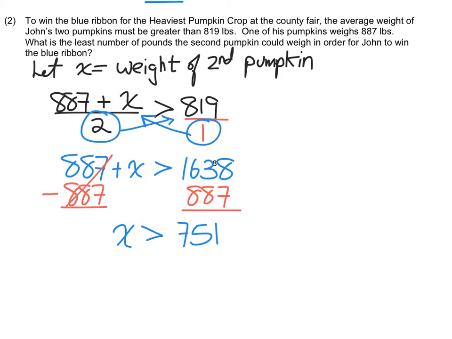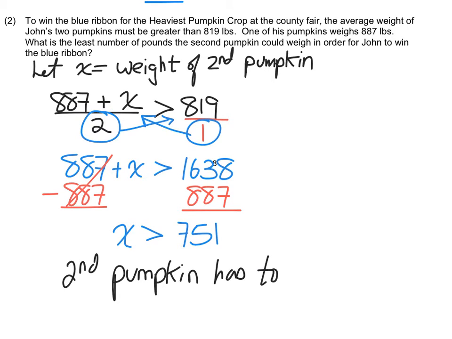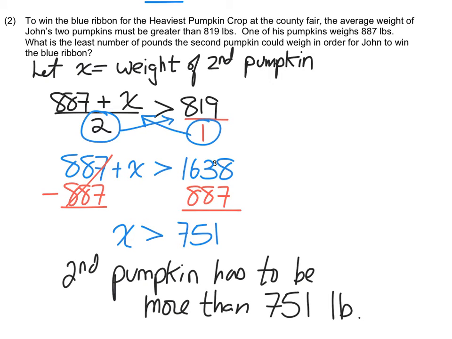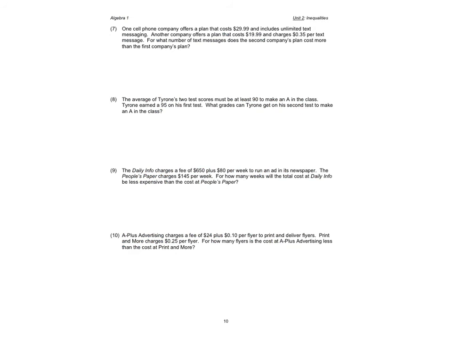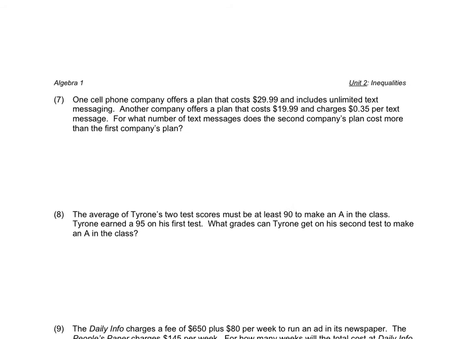So the second pumpkin has to be more than 751 pounds.